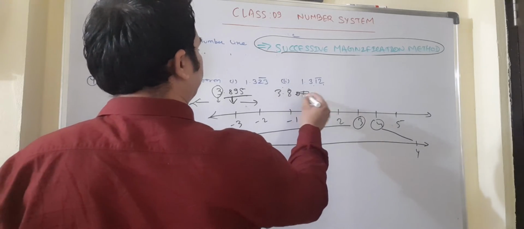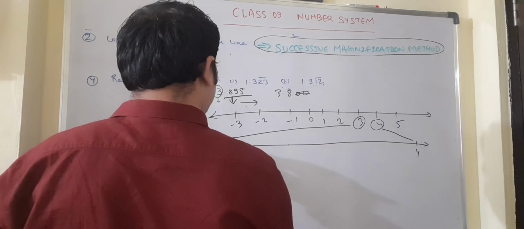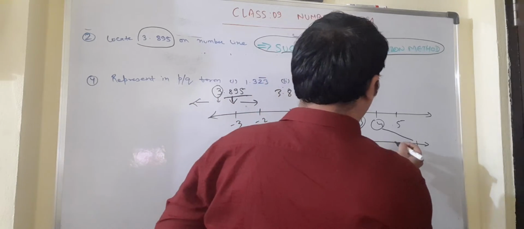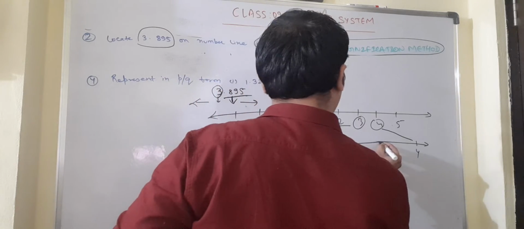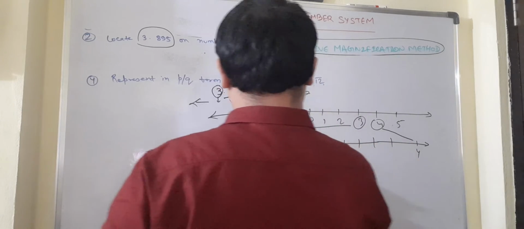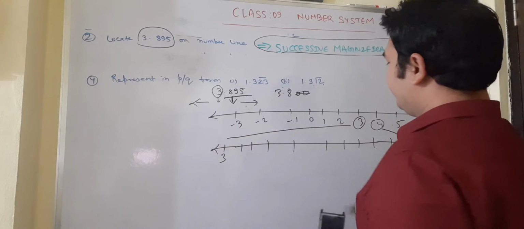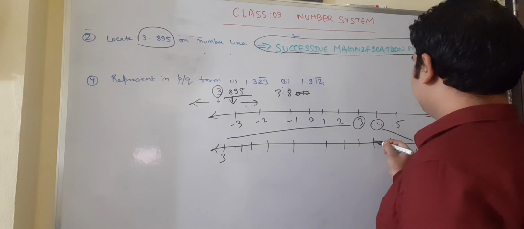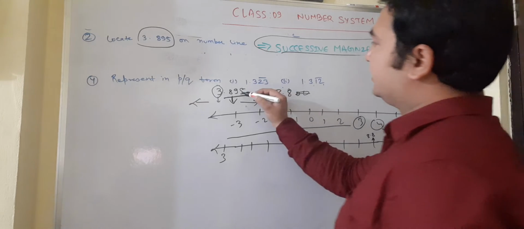How will you represent 3.8? You will represent 3.8 by using this method. 1, 2, 3, 4, 5, 6, 7, 8, 9 and 10. So the 8th part, 1, 2, 3, 4, 5, 6, 7, 8. This is your 3.8.